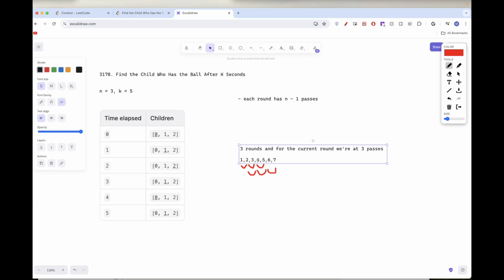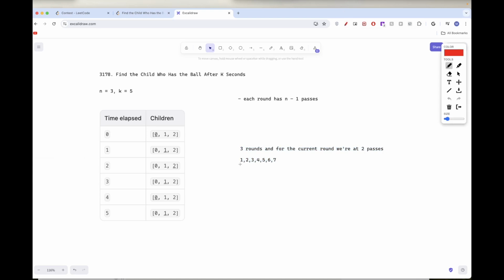1, 2, 3. So sorry, 3 actually is like this. So it could be this to this, first pass, second pass, third pass, or it could be first pass, second pass, third pass. Here it happens to be at 4 because it's the middle, but what if we are at 2 passes? If we're at 2 passes, then if it's forward, we are at 2.